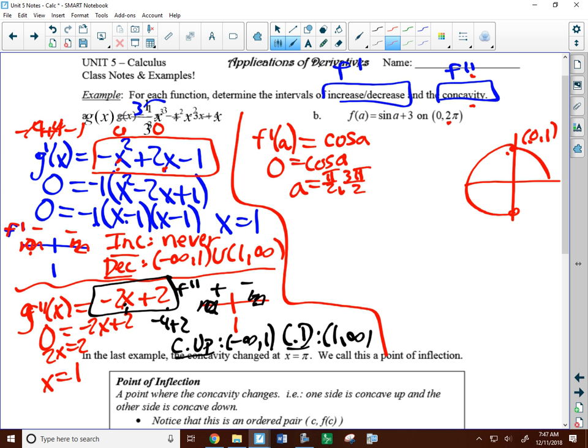Those would be our critical points for this one. Okay, and so then I just make a number line. Let's see, pi over 2, 3 pi over 2.